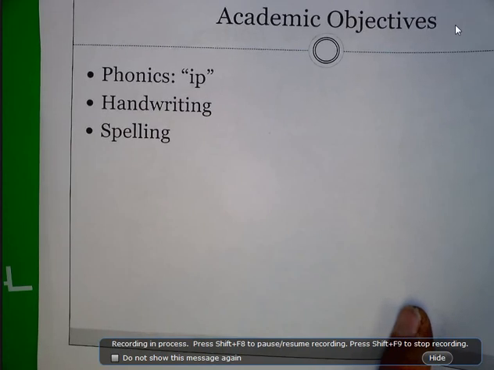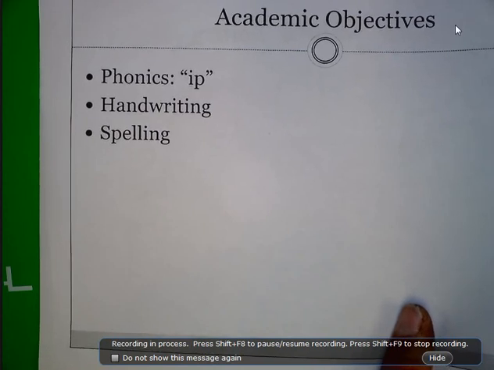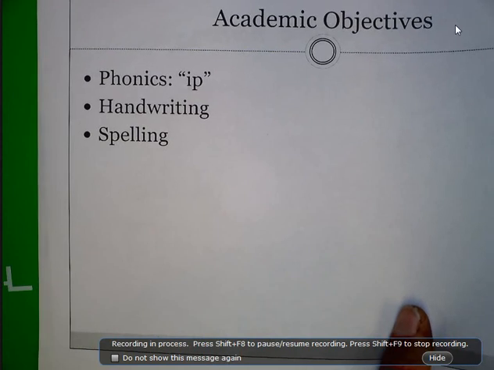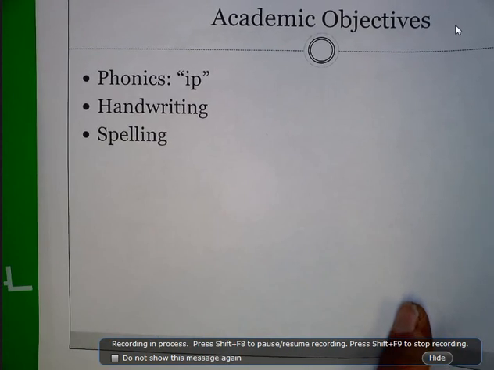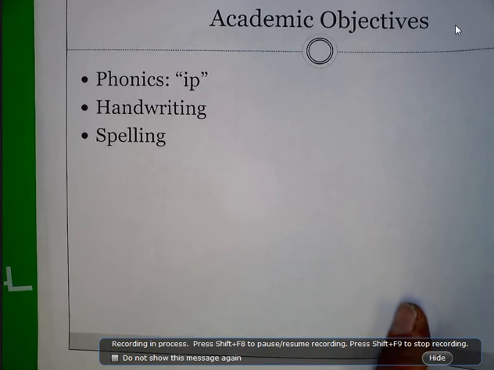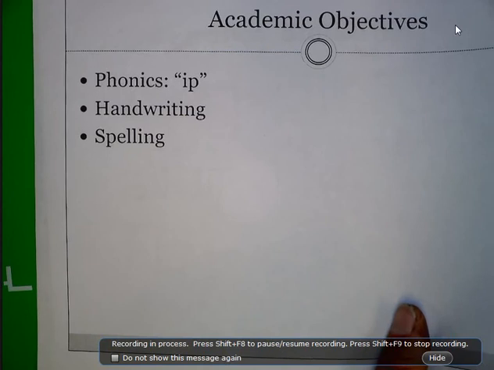These are grade level appropriate objectives. They're in the Colorado Model Content Standards. They're exactly what should be happening for all kids at a kindergarten level, okay? These are things that we do not want to change, okay?